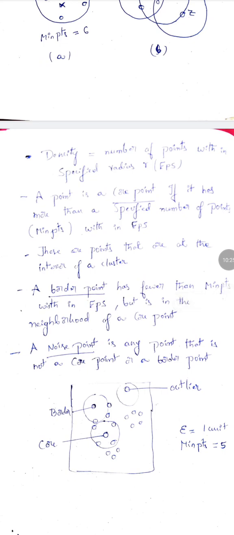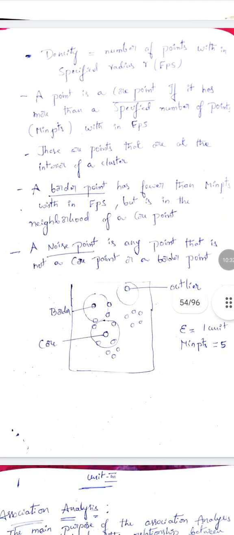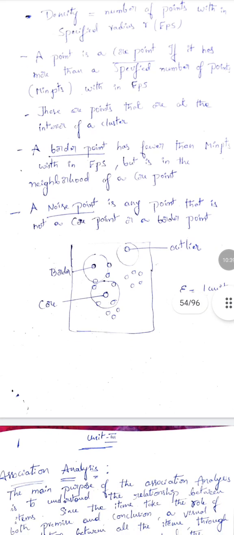Whatever the core points and border points are, we are explaining them in the diagram. The border point has fewer than the minimum points within epsilon, but it is in the neighborhood of a core point.